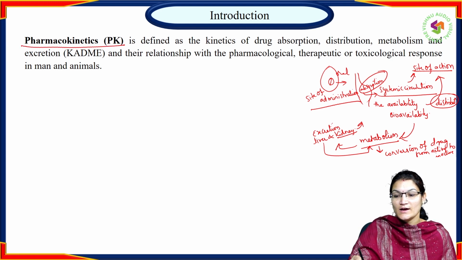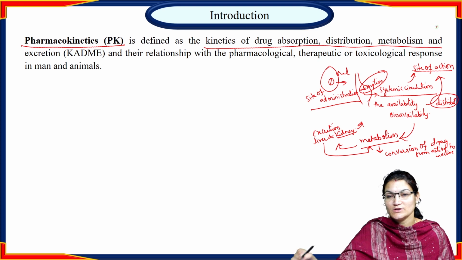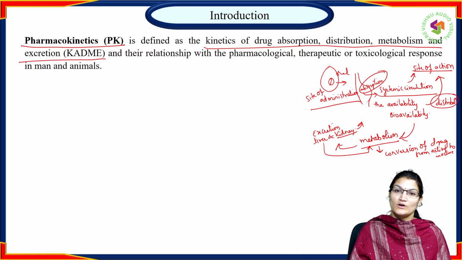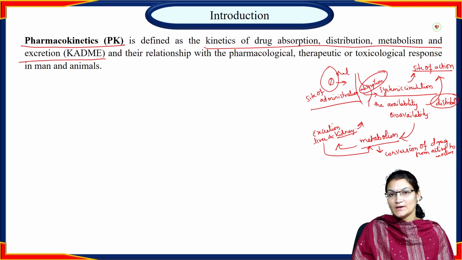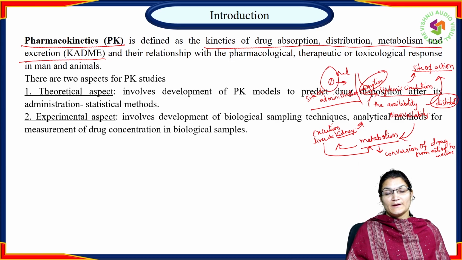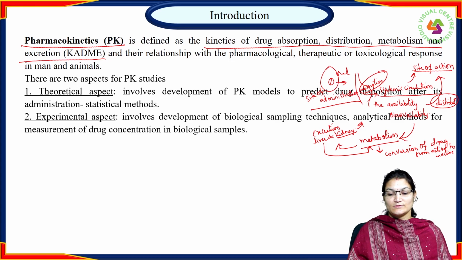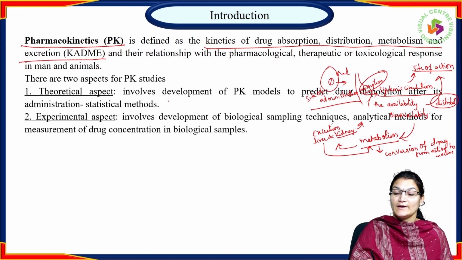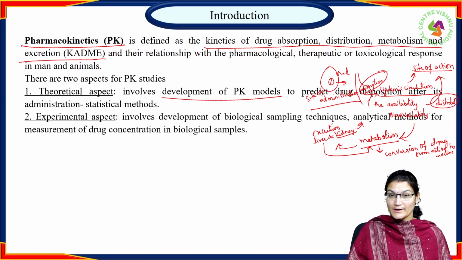Pharmacokinetics deals with the kinetics of drug absorption, distribution, metabolism as well as excretion. We also call them as ADME parameters. So, there are two aspects of these pharmacokinetic studies, that is, we have theoretical aspect as well as experimental aspect. In theoretical aspects, we develop pharmacokinetic models by using previously available data.